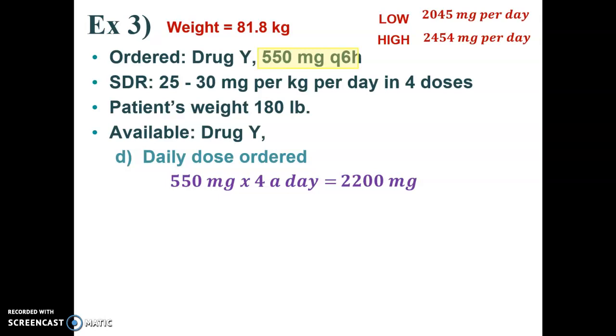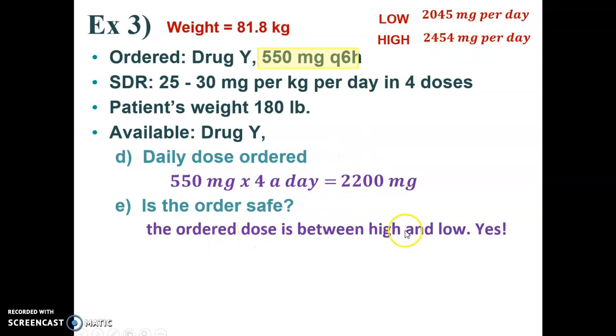All right, so the next question is going to ask, is the order safe? We have been ordered to give 2,200 milligrams per day. Does it fit in our safe dosage range? 2,200 does fit between 2,000 and 2,400. So yes, it's between the high and the low. It is safe to give.